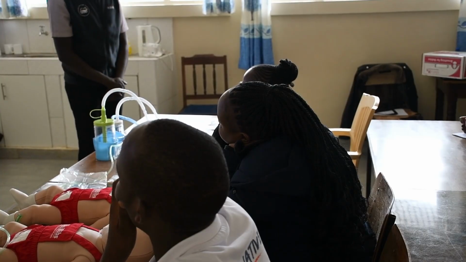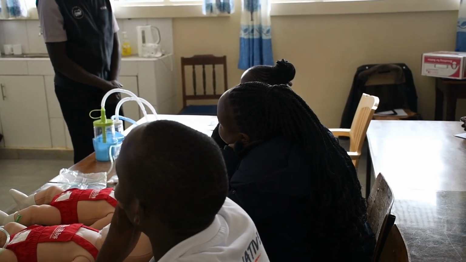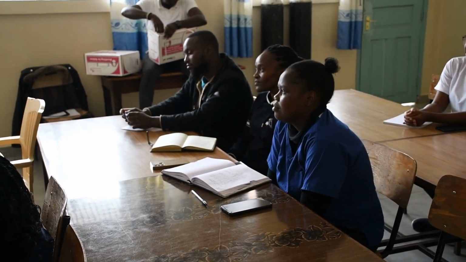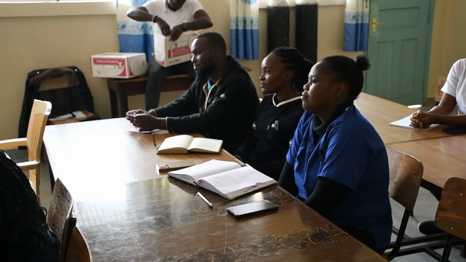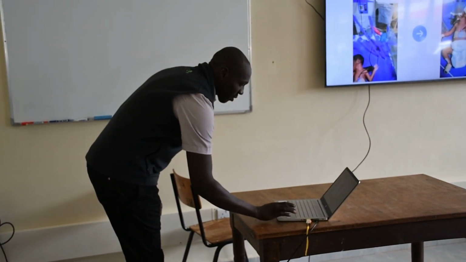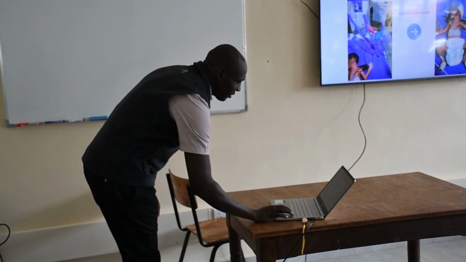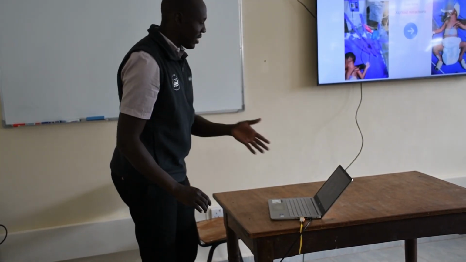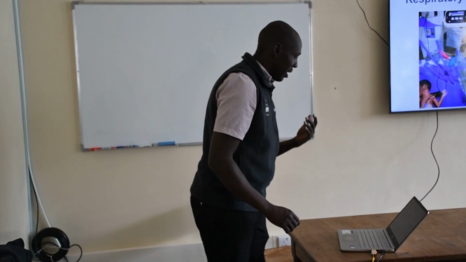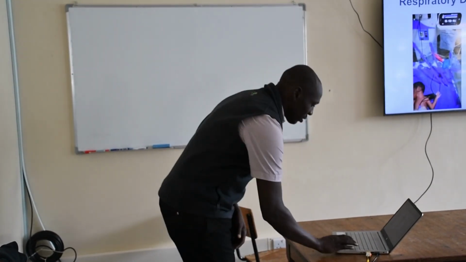Abdominal muscles. Any other thing? Fast breathing. Any other thing? Okay, good. Yeah, you have mentioned all that: grunting, seesaw breathing, subcostal retractions.